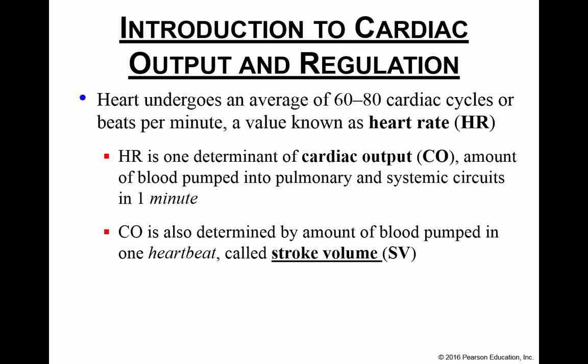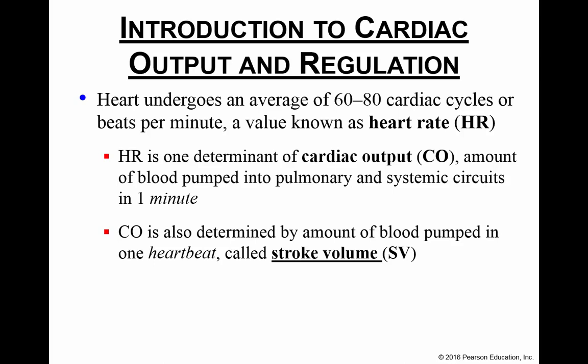Cardiac output is determined by how much blood you pump out of the pulmonary circuit and the systemic circuit in 1 minute. The cardiac output is determined by the amount of blood that's pumped in a heartbeat, called stroke volume.